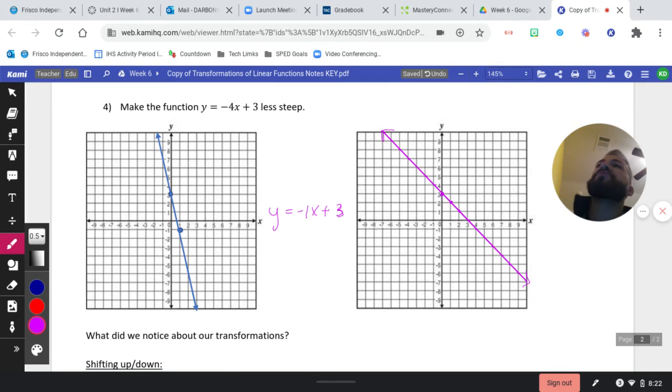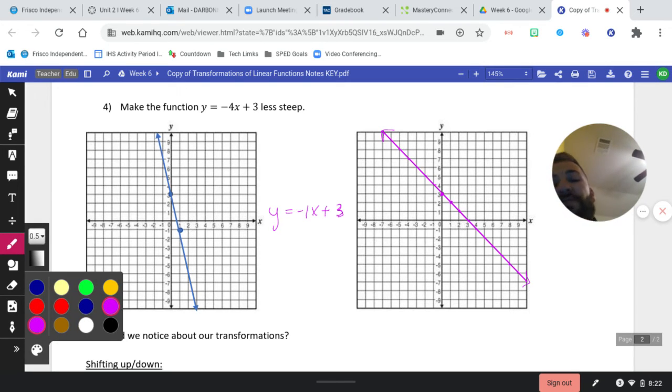Let's get a little closer to 0, and I'm not going to cross over to a positive slope. That would flip it entirely from a decreasing line to an increasing line, which isn't necessarily less steep. The way I could get closer to 0 is by making my slope into a fraction. So I could change it from negative 1x to y is equal to negative 1 over 4x plus 3.